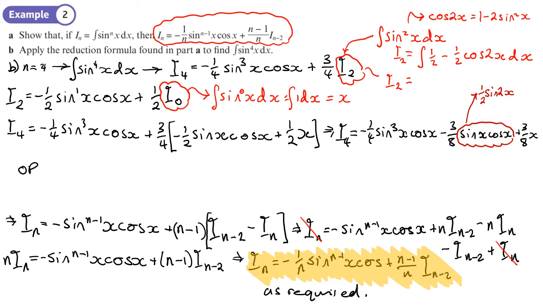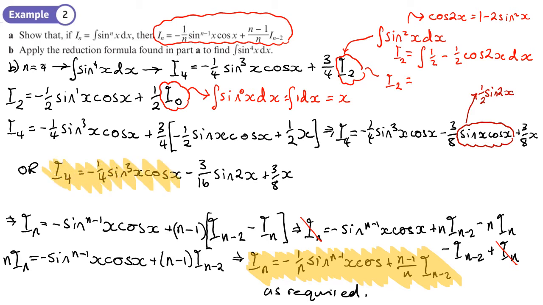So an alternative solution would be that I sub 4 is negative a quarter sine cubed x cos x, and then minus 3/16 sine 2x plus 3/8 x. So either one of these two forms would be fine as an answer.